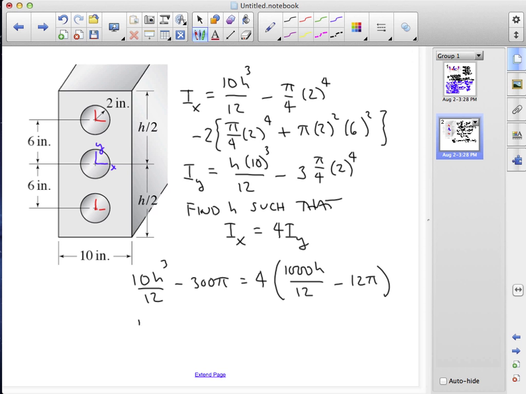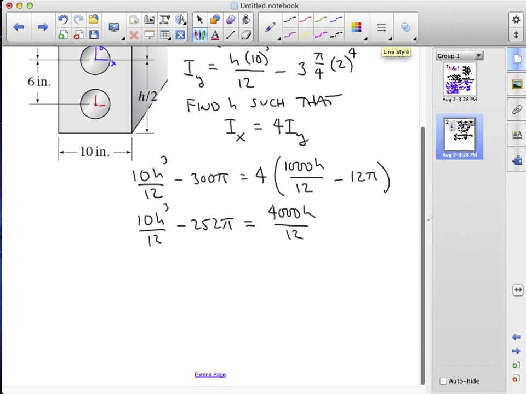We can rearrange this first as 10 h cubed over 12 minus 252 pi equals 4,000 h over 12. Then multiplying through by 12, h cubed minus 3024 pi equals 4,000 h.